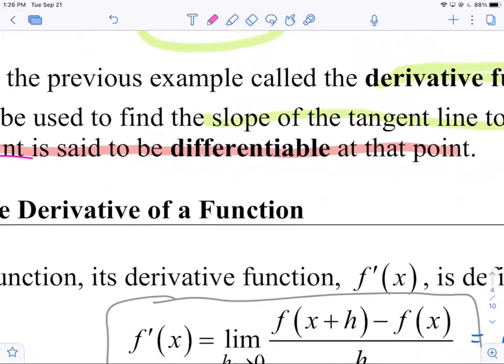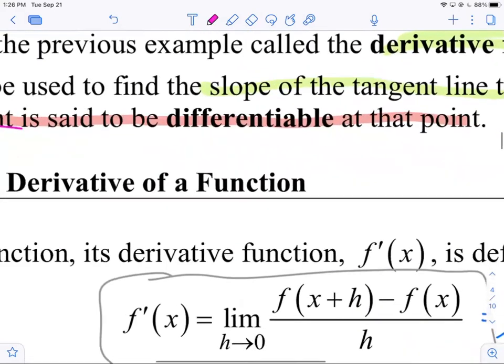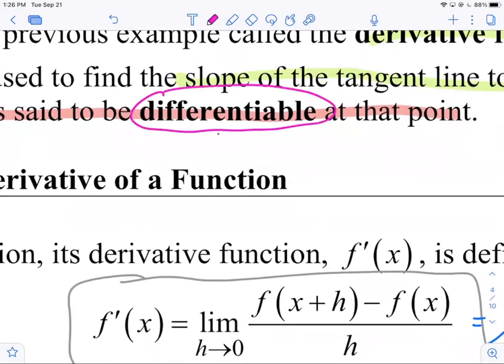So I'm going to write that. I'm going to come back up here above the box, and I'm going to say a function is differentiable on just the domain of the derivative, f prime, okay? Now, moving forward, we're going to be looking at different places where we can visually spot a function being not differentiable.